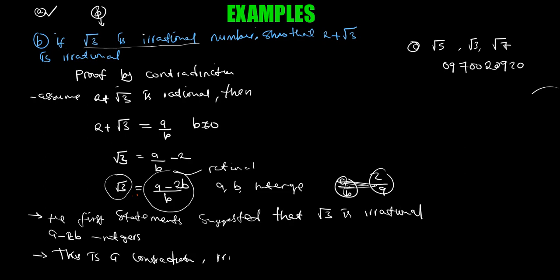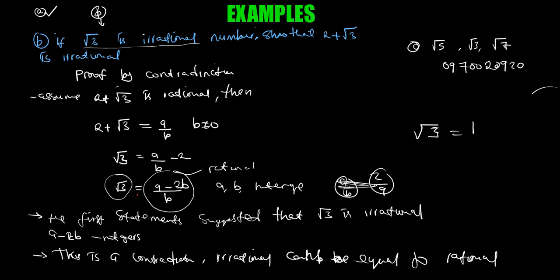Irrational can't be equal to rational. So this contradicts our assumption. You can't have a situation whereby a number is equal to a over b, let's say, and b is not equal to 0.